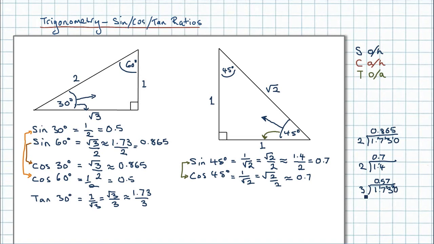We have 2 left over, and it's going to be about 7 again, isn't it? I'm going to say it's approximately equal to 0.58, because we're going to have 6 here, but that will round up anyway. So 0.58. So 1.73 divided by 3 gives us 0.58. There we go, to 2 decimal places, and you can check on your calculator again if that is indeed accurate.